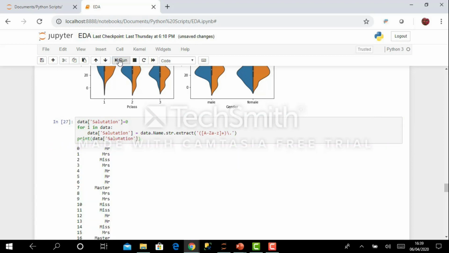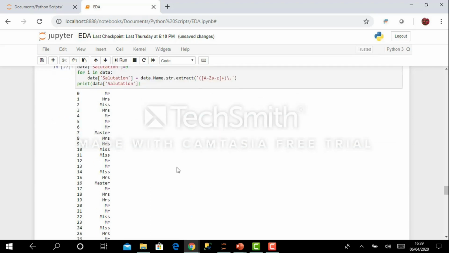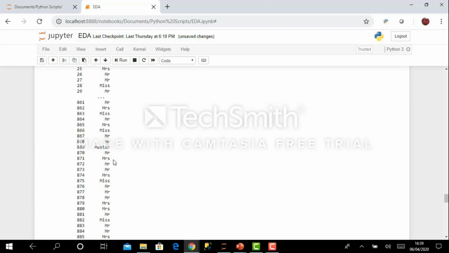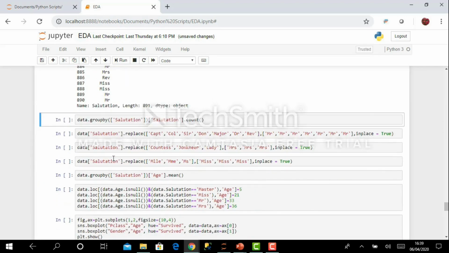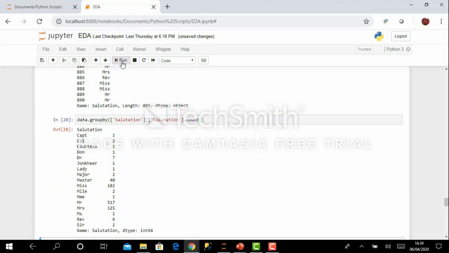If we execute this, you can see for these records I have retrieved these parts from the name column. Now if I do a group by on this salutation column, let us see how many different types of salutations I could retrieve from the name column. You can see that there are actually many types of salutations.